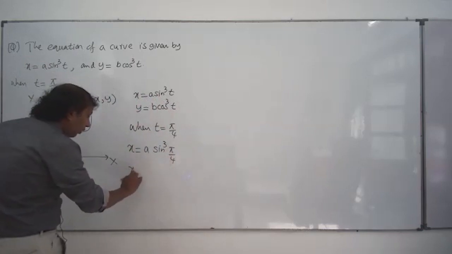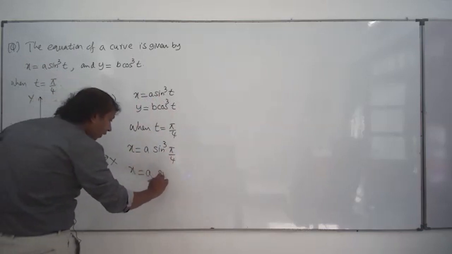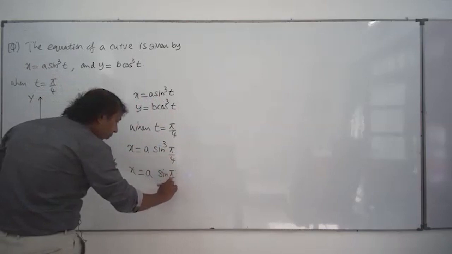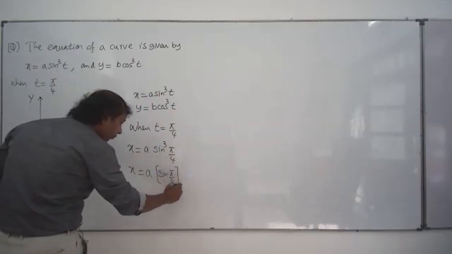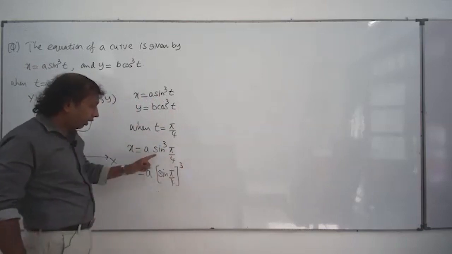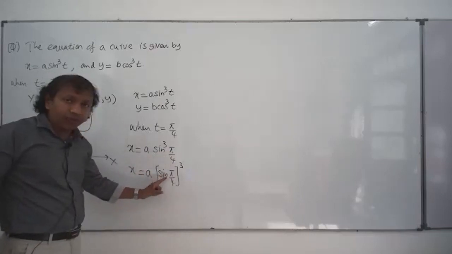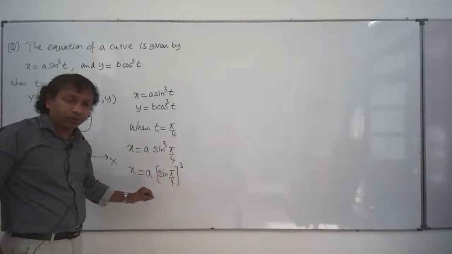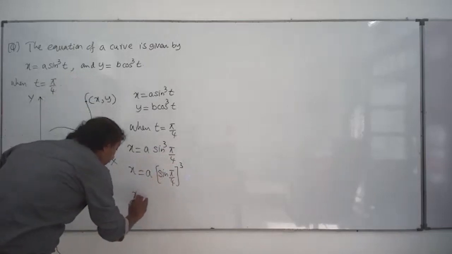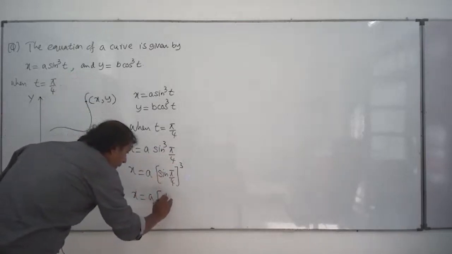People, sine cube pi by 4 I can write as sine pi by 4, cubed. Sine pi by 4 is sine 45, 1 over root 2. Right? x equals a times 1 over root 2 to the power 3.